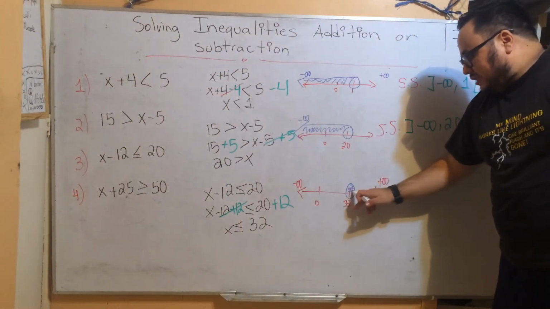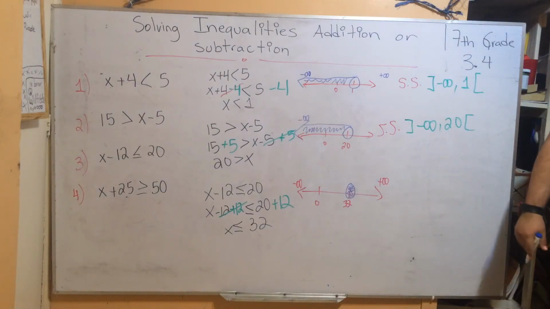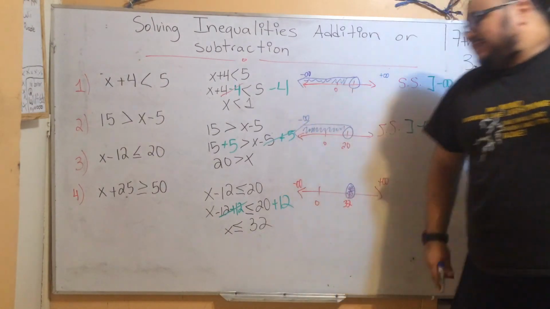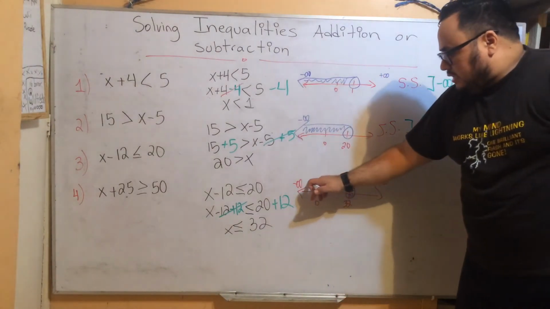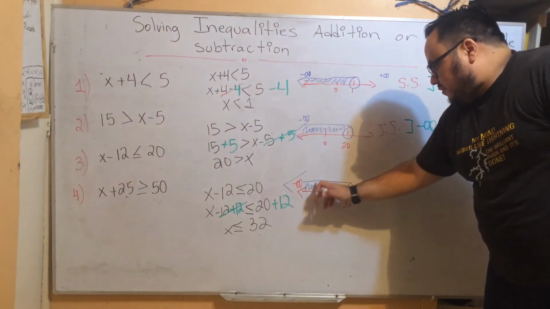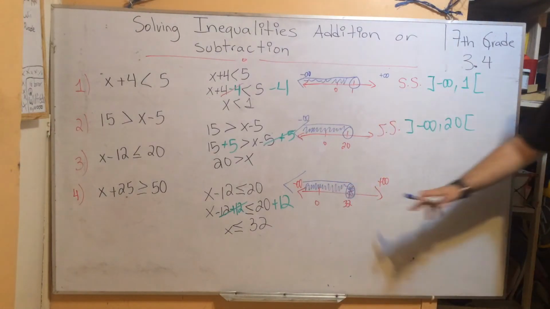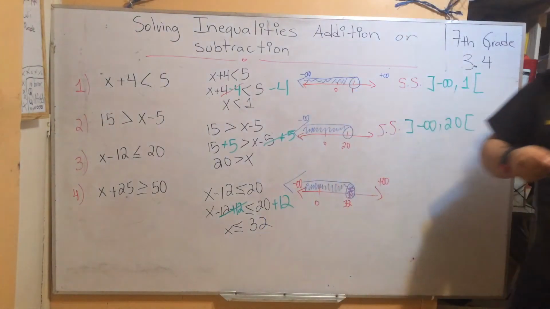So that means that this point is included in the solution set. And we're looking for the numbers that are less than 32. So we're looking for all of these numbers. All of these numbers coming from negative infinite up to 32 included give us this solution.